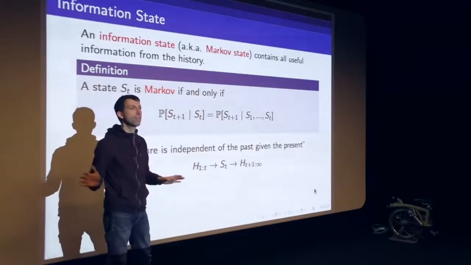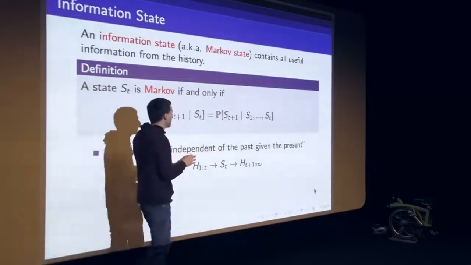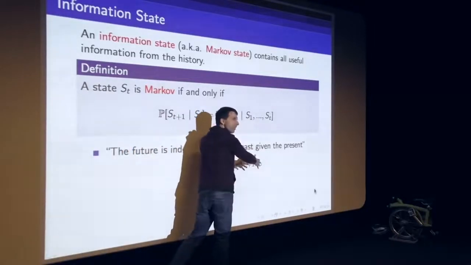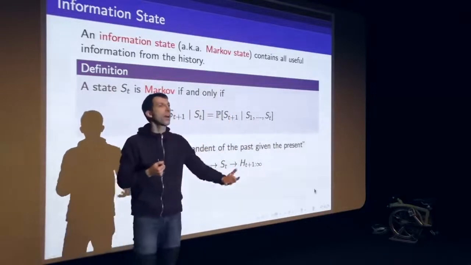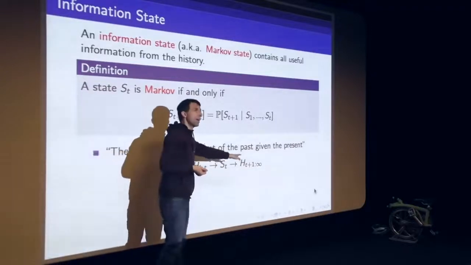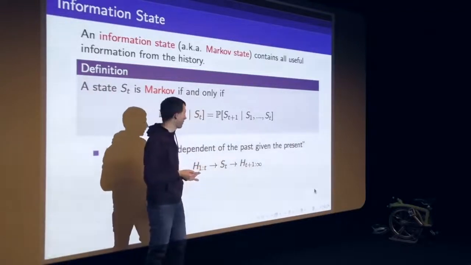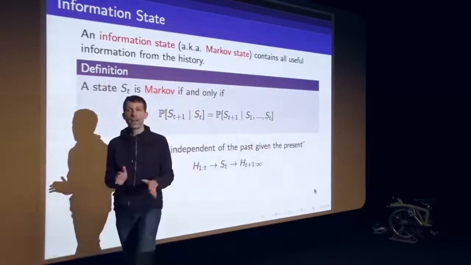It means you can throw away everything that came before, just keep your state, and you're good because you haven't given up anything. That state still characterizes everything about the future: all future observations, actions, rewards. The distribution over those events is the same conditioned on your state as it is conditioned on the whole history. So you can work with something much more compact, and everything will be fine.